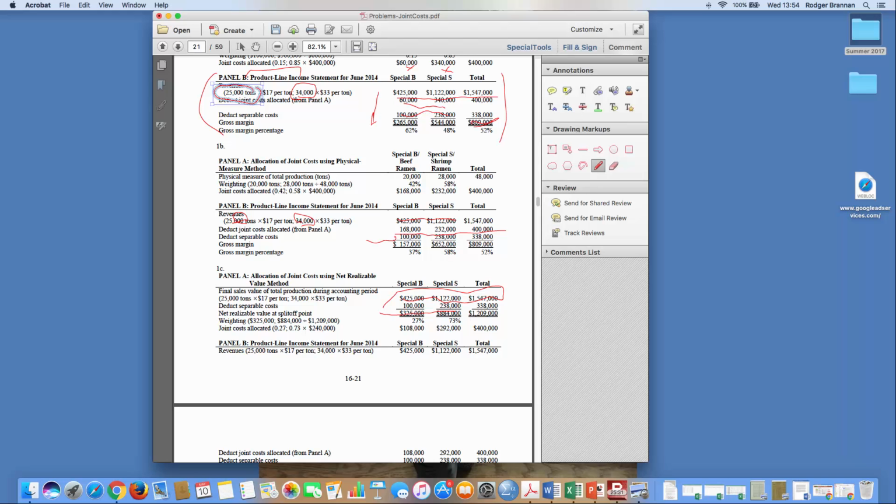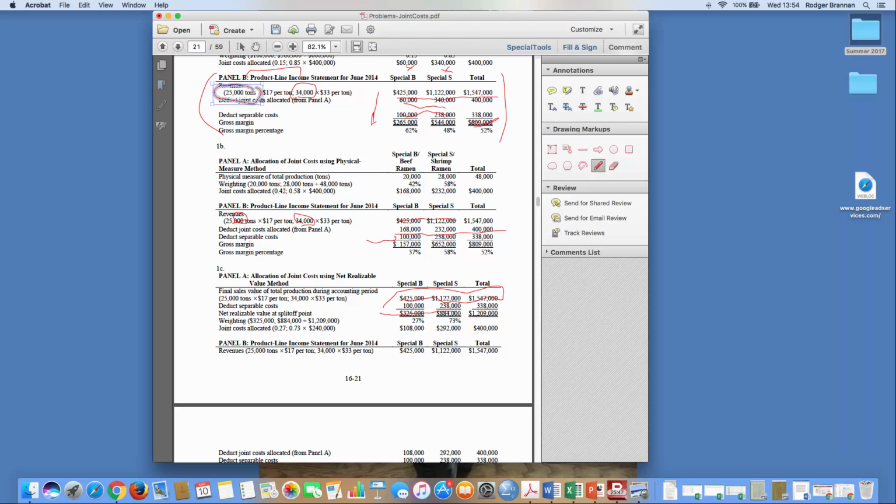Now, having said that, these are my net realizable values beyond the split off point if I process them further. So given the total net realizable value, we're going to split it 27 and 73.